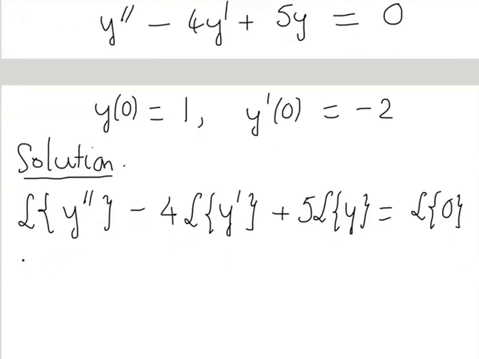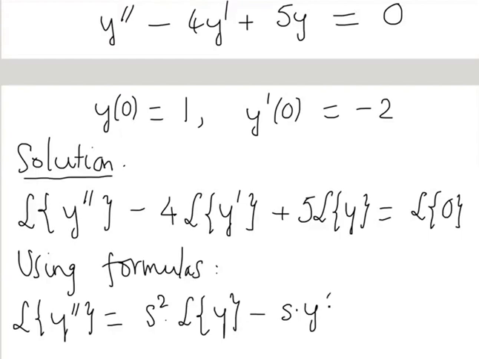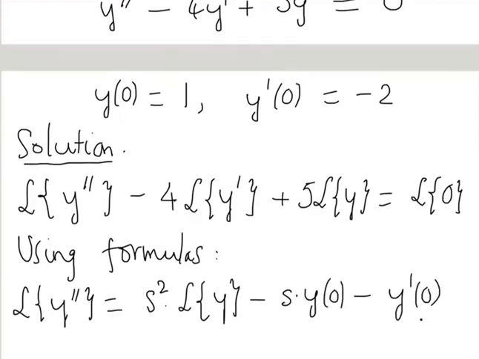Now using the formula, Laplace transform of y double prime is s squared times Laplace transform of y minus s times y(0) minus y prime (0).